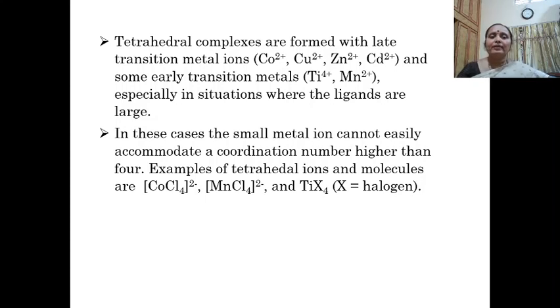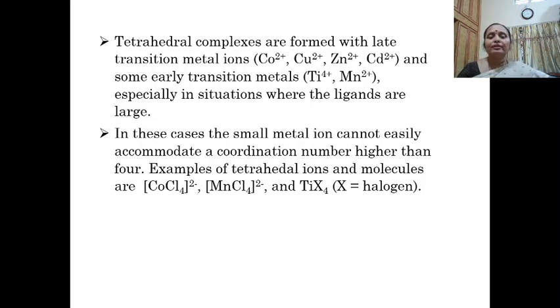In these cases, the small metal ion cannot easily accommodate a coordination number higher than 4. As we move from left to right, the size decreases, and because of this the small metal ion cannot easily accommodate a coordination number higher than 4.